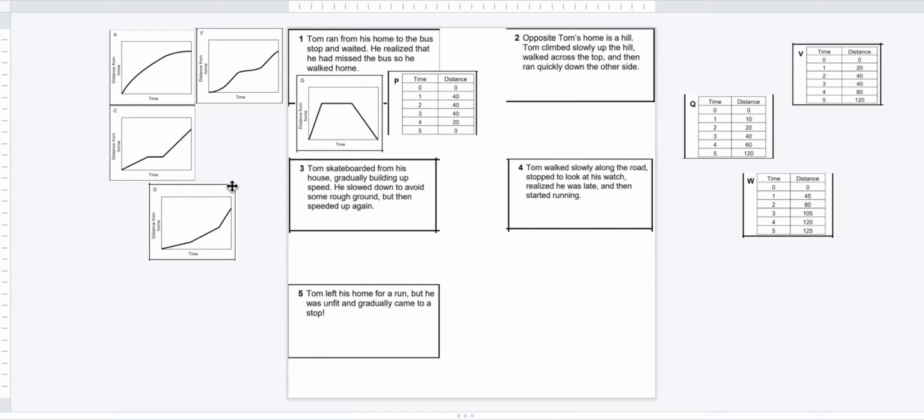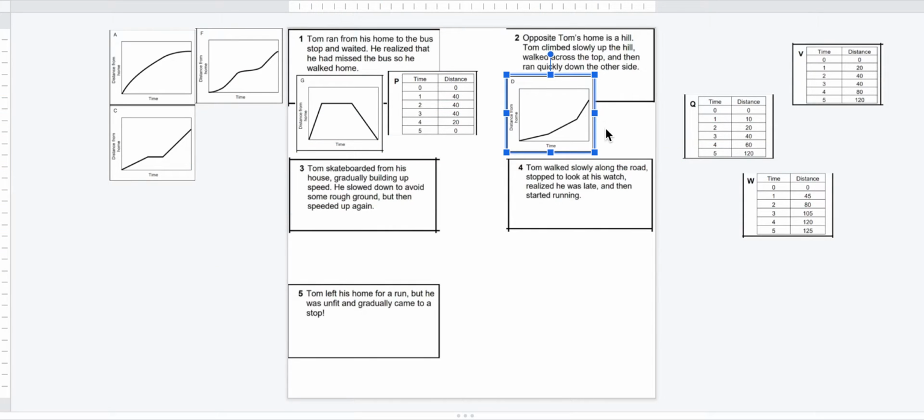So we've got this one and this one. And remember, we've got slowly, walking, then running. Okay? This one seems a little too wiggly for that. But we are climbing, walking, running. See how it gets steeper, steeper, steeper. So this is going to be my answer for this one.